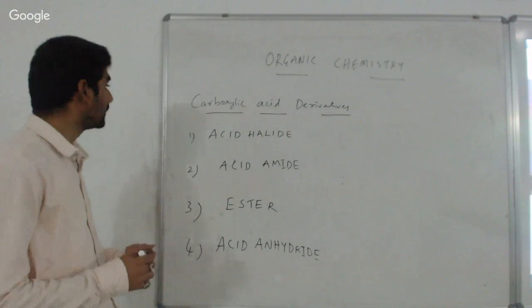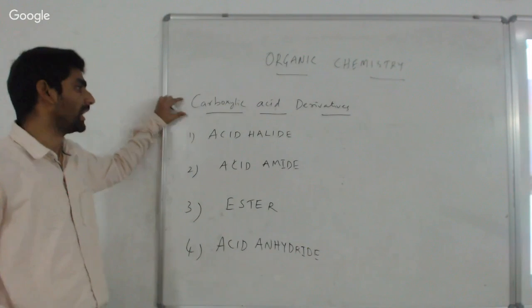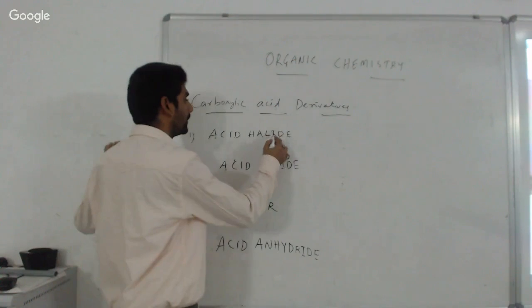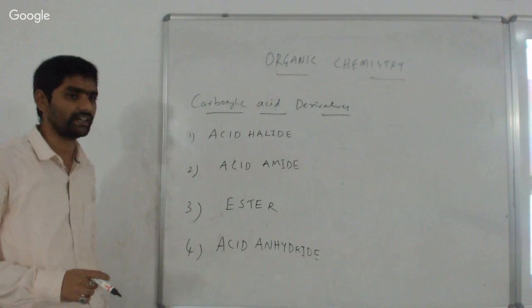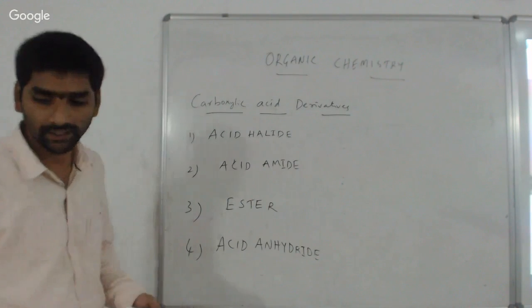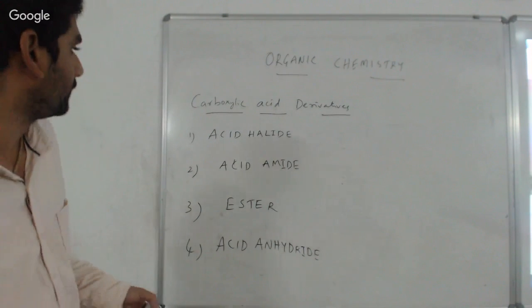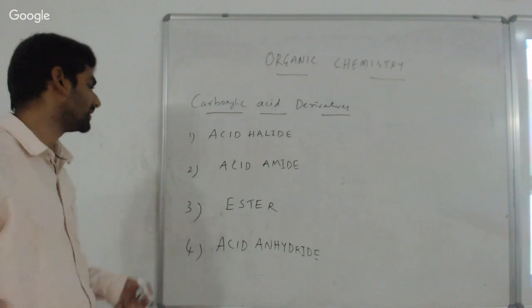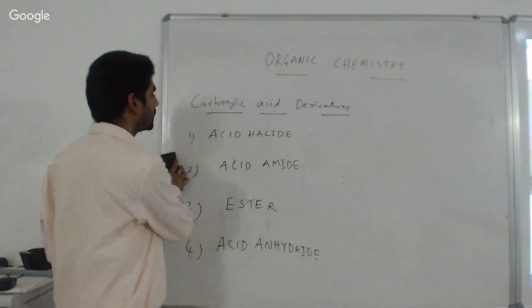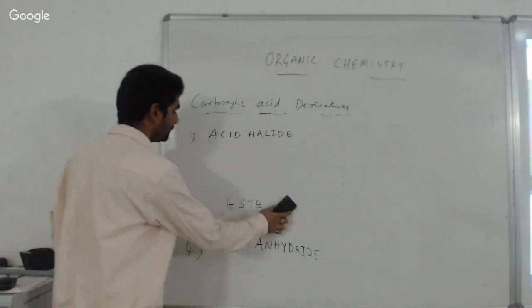These are the carboxylic acid derivatives. Acid halide, acid amide or simply amide, ester, acid anhydride are the derivatives of carboxylic acid.